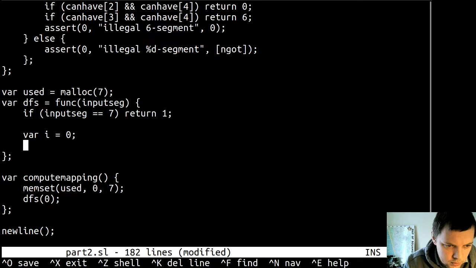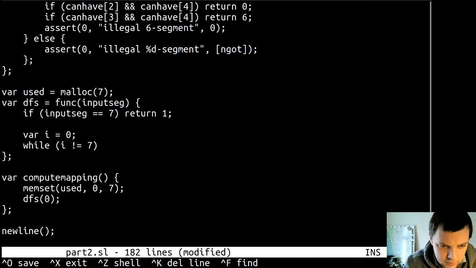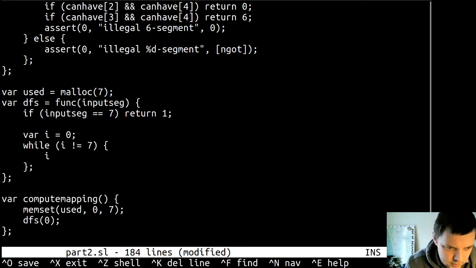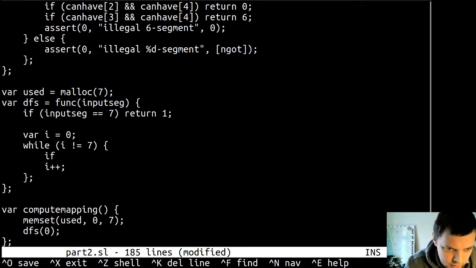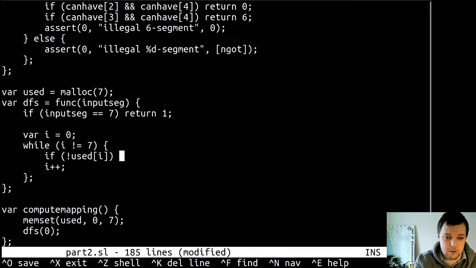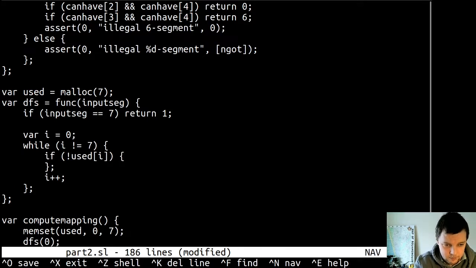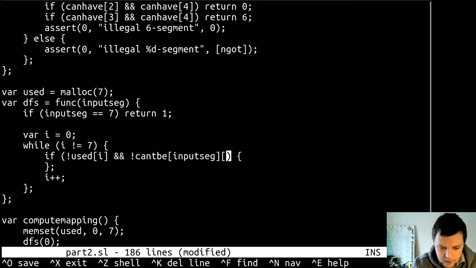So, while I is not equal to 7, don't forget your I plus plus. If we haven't yet used the ith segment, then let's say the input seg must be I and not can't be input seg I. Then let's say it must be by remembering what we previously thought it couldn't be.